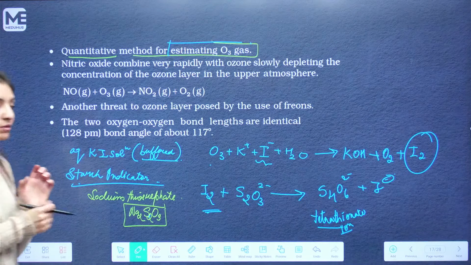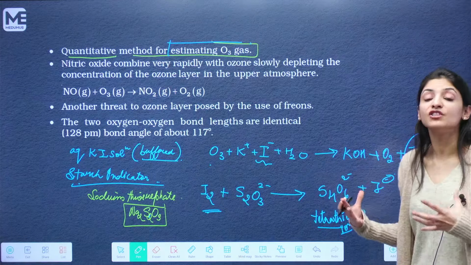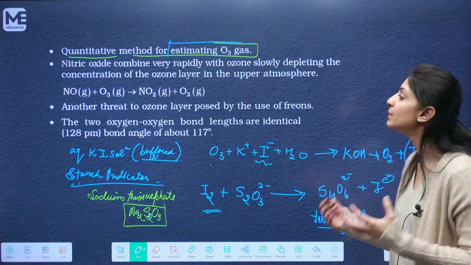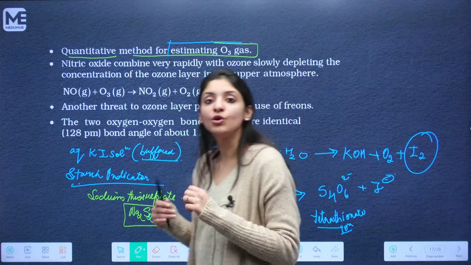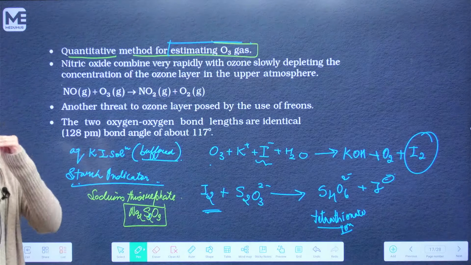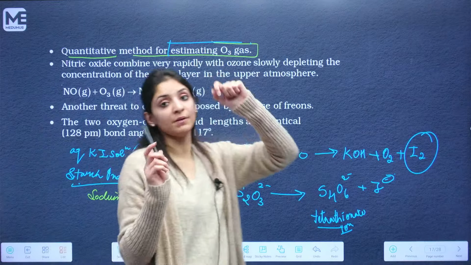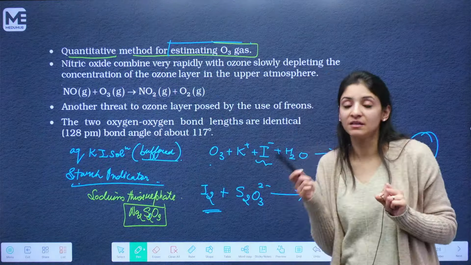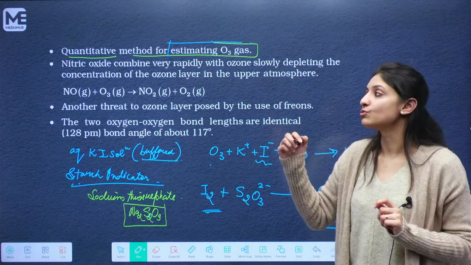Now there are two consequences of human activities which are leading to the depletion of the ozone layer. One is the extensive usage of freons or chlorofluorocarbons. The chlorine in chlorofluorocarbons at a very high level where ozone is in the atmosphere breaks down into chlorine radicals in the presence of sunlight, and that leads to decomposition of ozone.